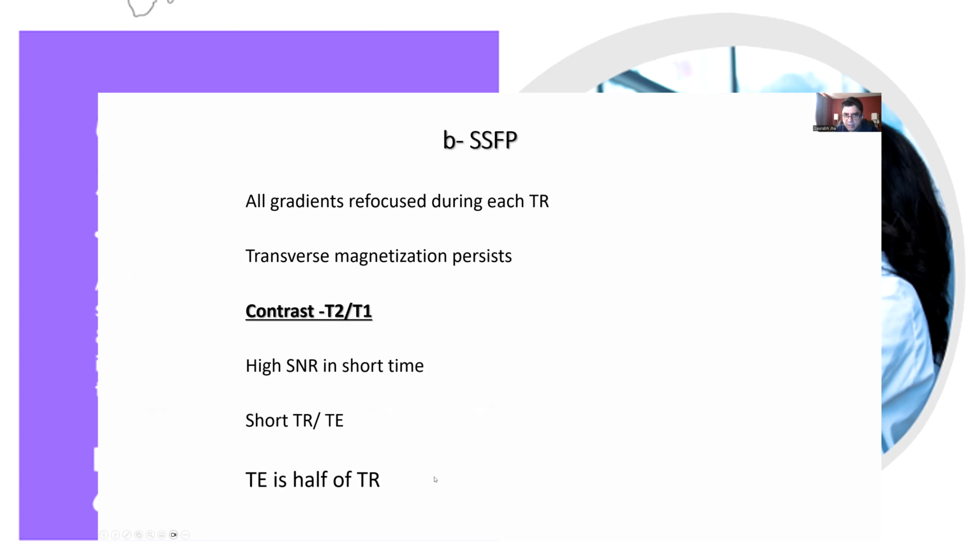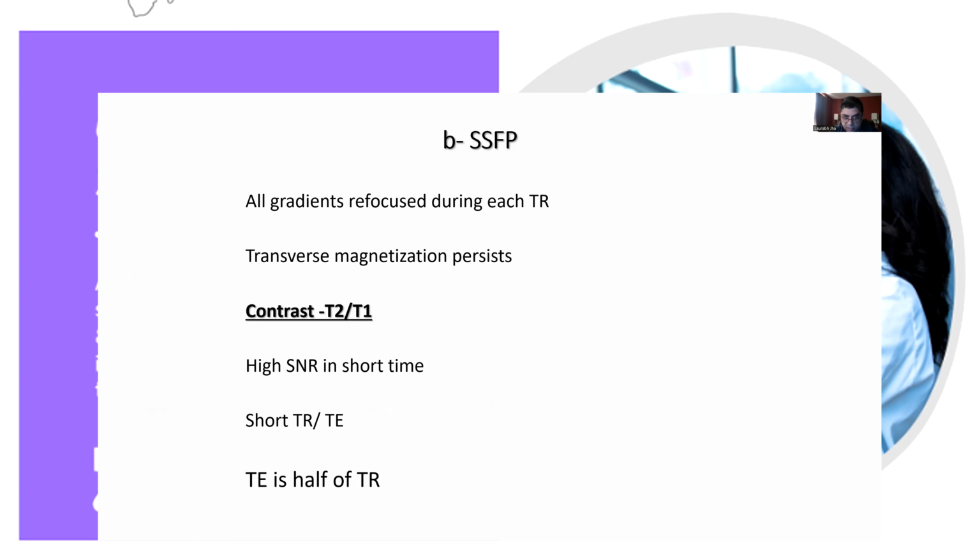So firstly, balanced steady-state precession is one of the sequences where you have both longitudinal magnetization and transverse magnetization floating around. And that's good because they both give you something to attribute. So you're not a one-trick pony, now you're a two-trick pony, T1 and T2.